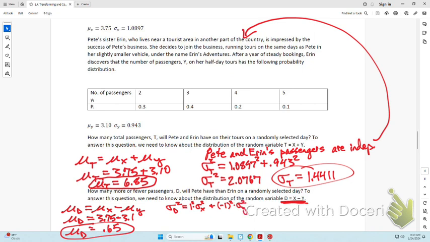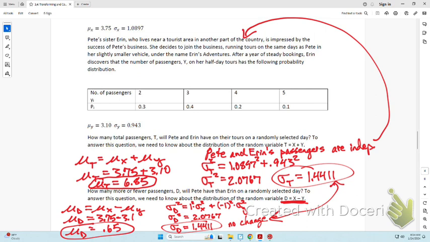So that -1 gets squared, and that's why, in the end, you get the same exact value that we got on the previous question. No change. When we square root it, we still have 1.4411. No change. So that's really important to remember. You are never subtracting standard deviations, even if subtraction is in the function.